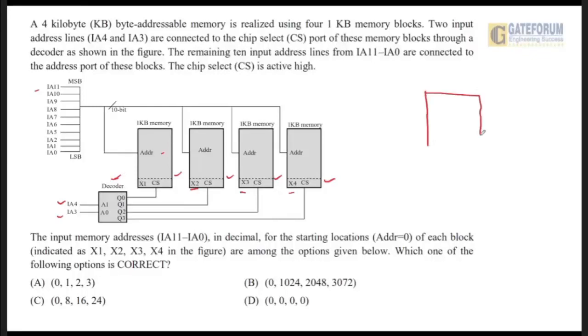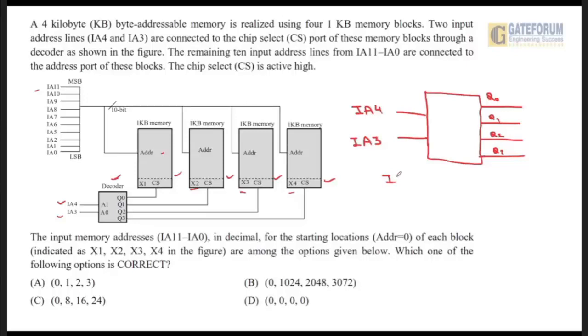Let us draw this. This is a decoder. There are two input lines, one is IA4, the other is IA3, and four outputs, Q0, Q1, Q2 and Q3.